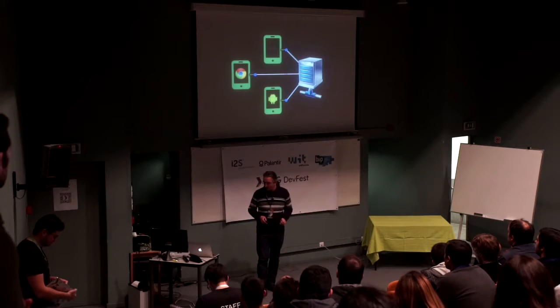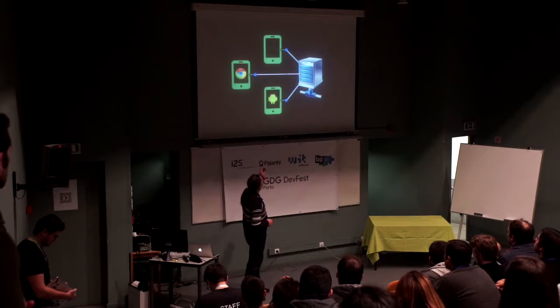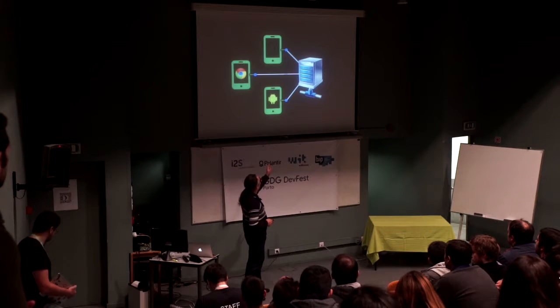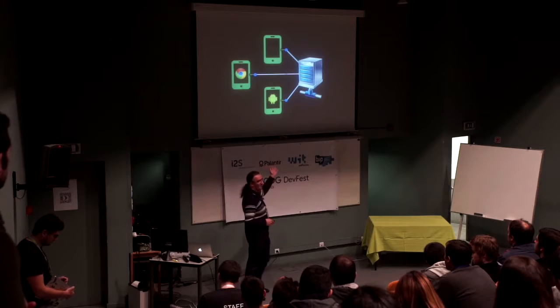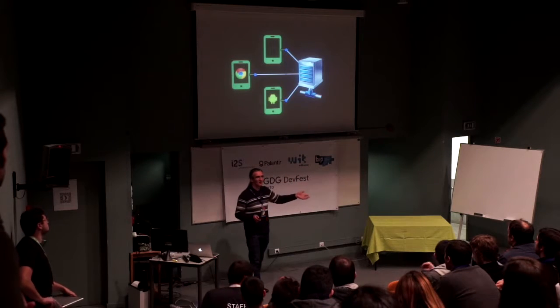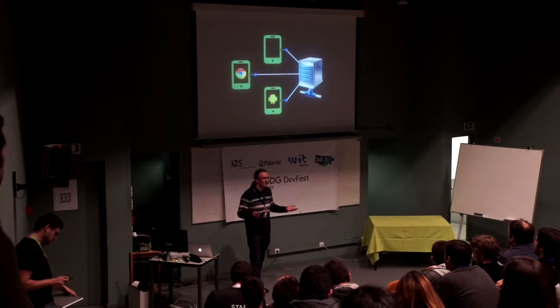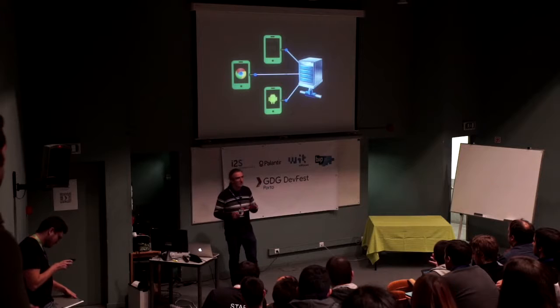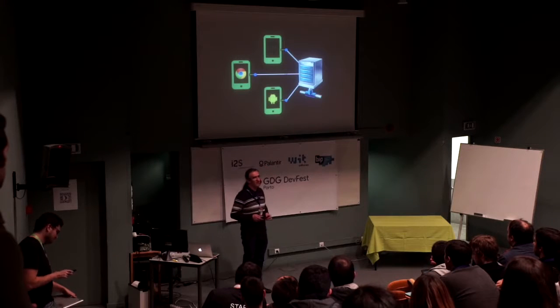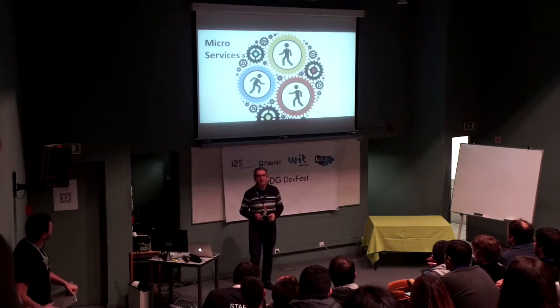Obviously I'm joking, as you know, but the idea of having a server with different devices accessing it using regular APIs, that's not new, and that's exactly what we are doing. And in order to eliminate that single point of failure, initially we looked at microservices.